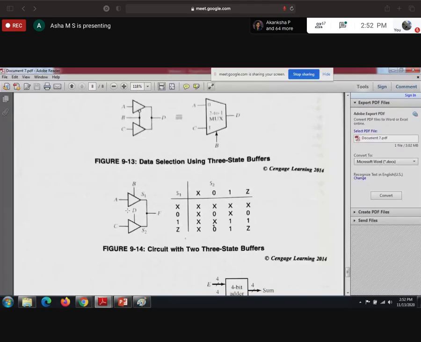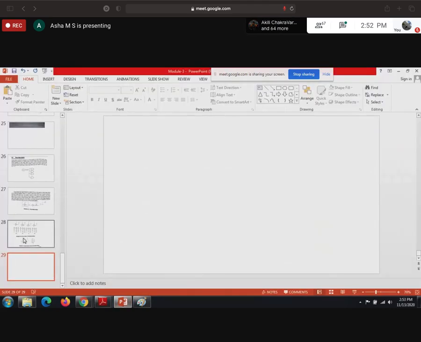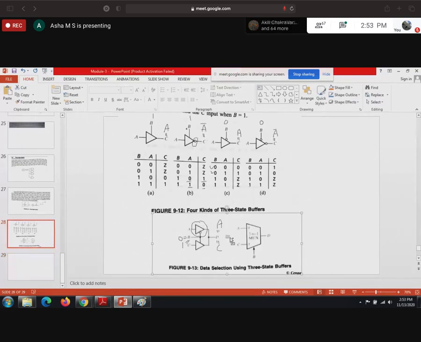The outputs of the two buffers are connected like this. We'll paste it in the next slide only. We have output also.